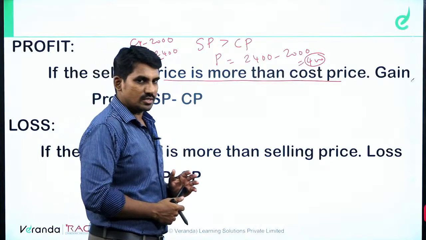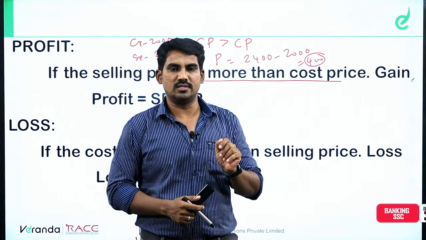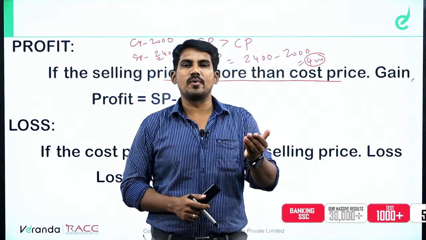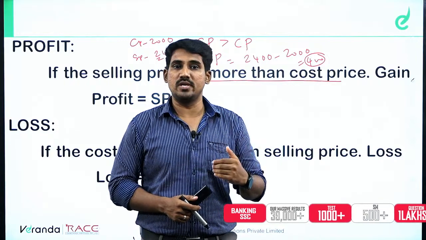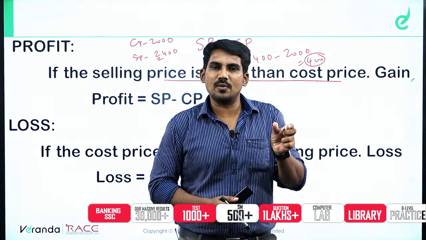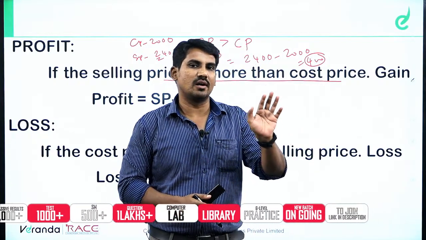Now what is loss? A person bought an article for 200 rupees, but he sold it for only 100 rupees. That is, he is selling for less money. Therefore, in this transaction he got a loss.